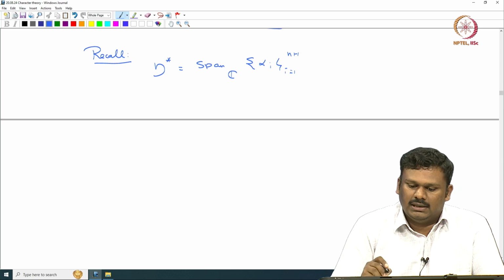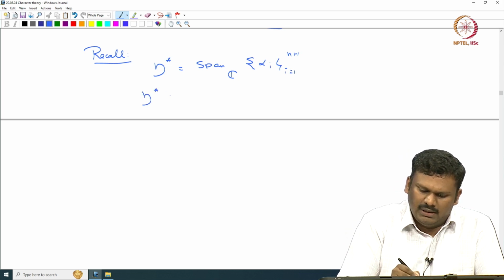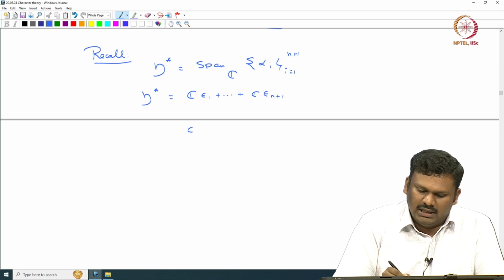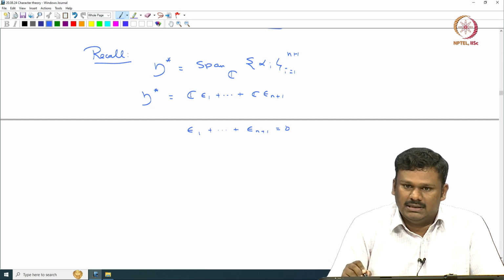If you want to write it in terms of the epsilon_i basis, this h star can be identified as C epsilon_1 plus etcetera plus C epsilon_{n+1}, with the relation that epsilon_1 plus etcetera plus epsilon_{n+1} is 0. So this is how one can identify h star.